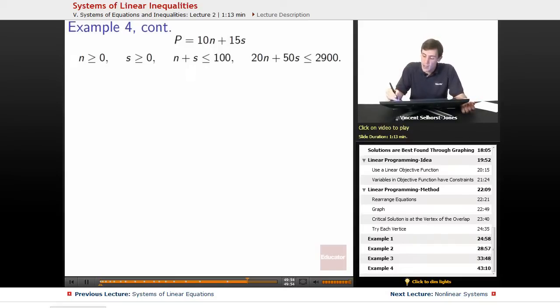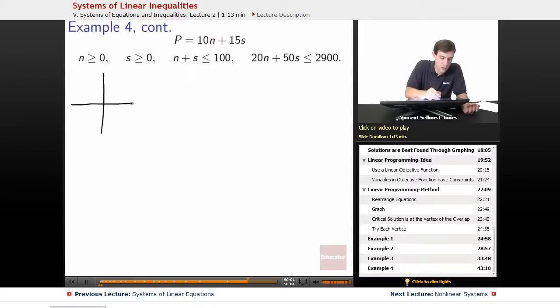So first, let's convert some of this stuff into things that we can easily graph. If we're going to graph this so we can see what's going on, we've got to choose some guy to be horizontal and some guy to be vertical. So just arbitrarily, let's make N the horizontal, S the vertical.